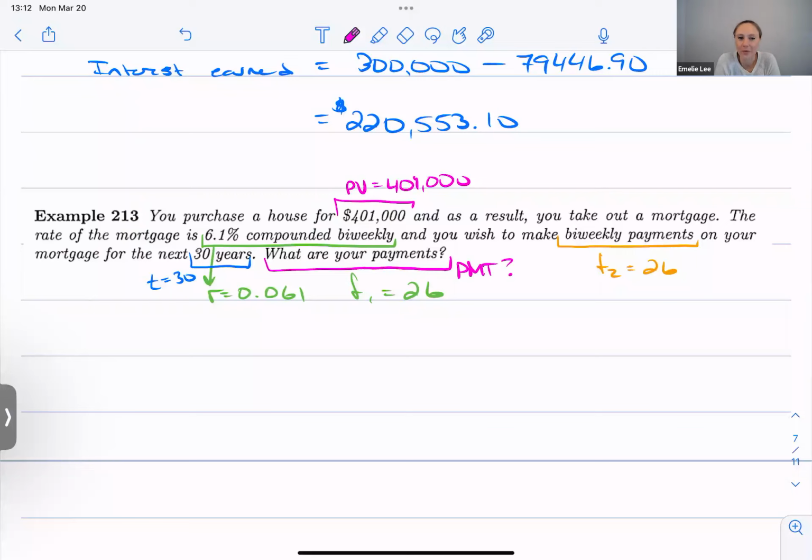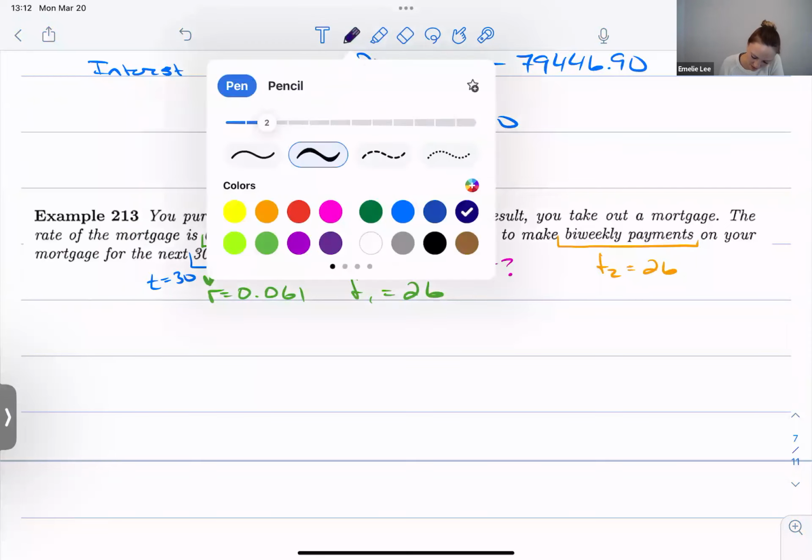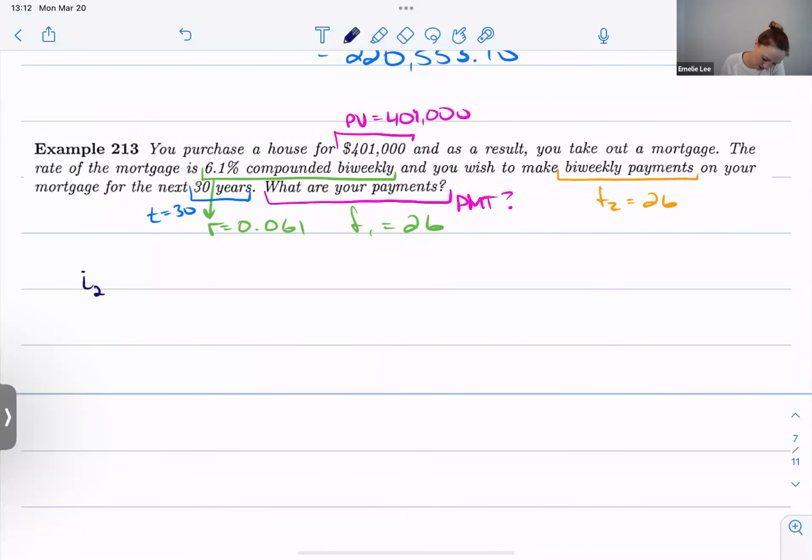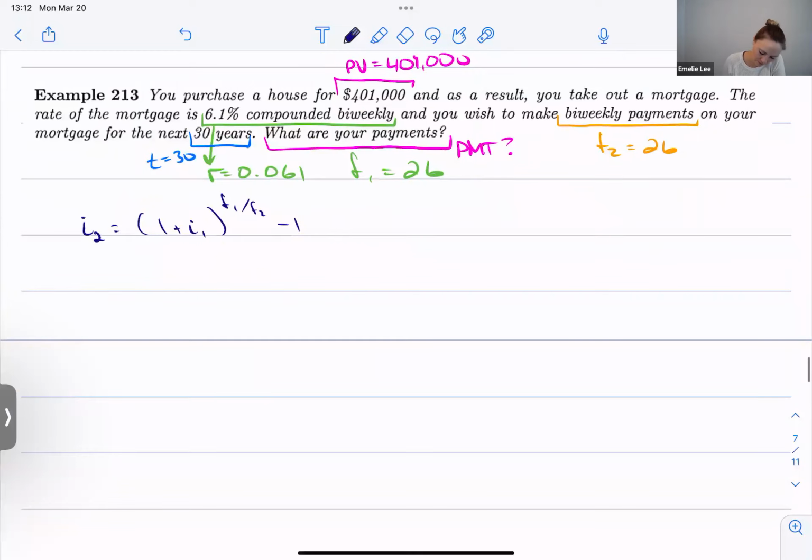We have the tools to solve this, right? I just don't want to use the old methods. I want to use this new snazzy formula that we have. But first things first, let's find I2: 1 plus I1 to the power of F1 over F2 minus 1.